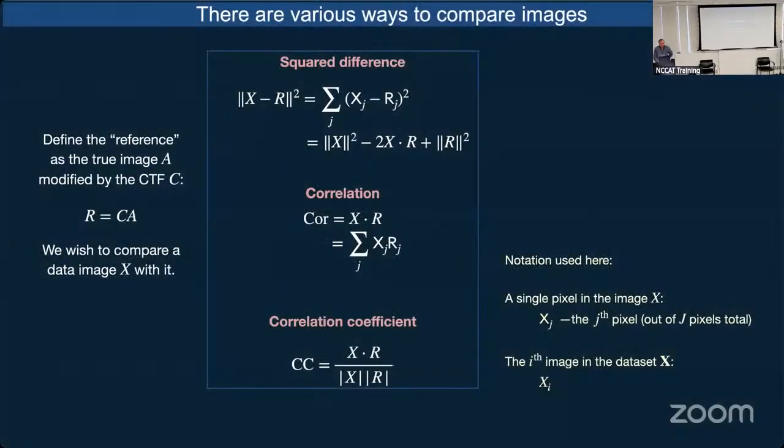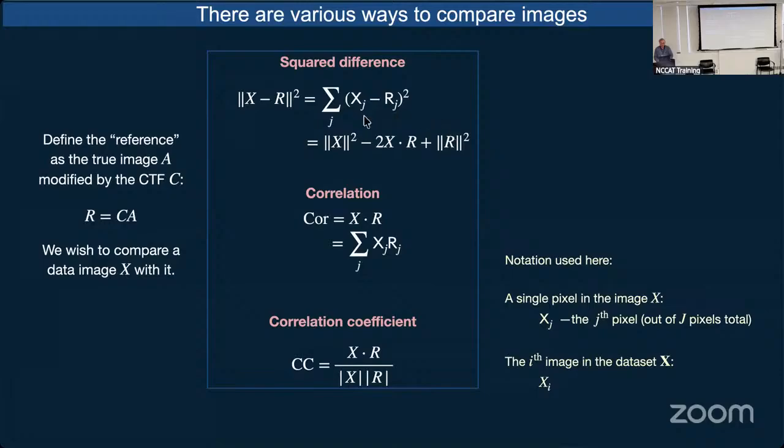This is a program called FreeAlign, which was invented by Nico Grigorieff in, I think, the late 1990s. First we have to be able to compare pairs of images. We're going to compare an experimental image with a reference. So how are we going to produce a number that shows the quality of matching?